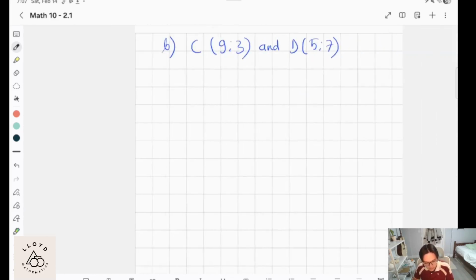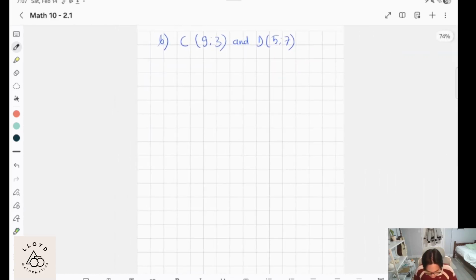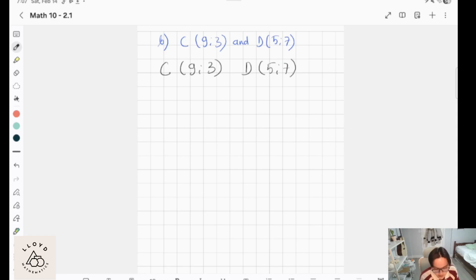Okay, this is the last example of today. We have C equal to (9, 3) and D equal to (5, 7).